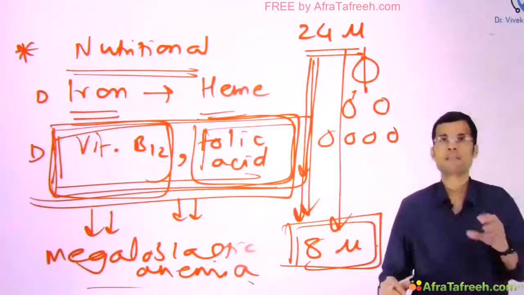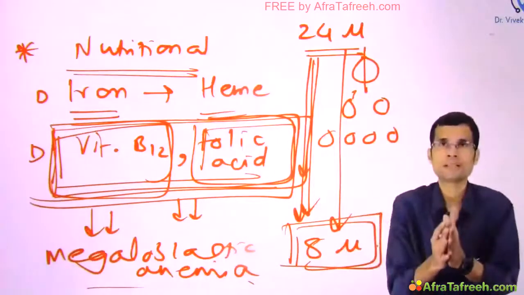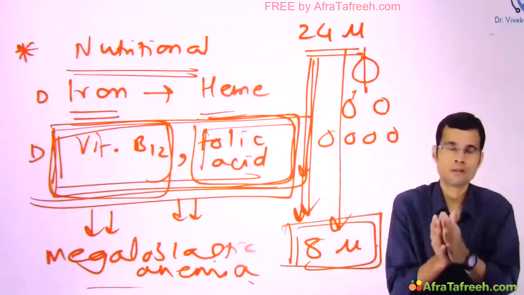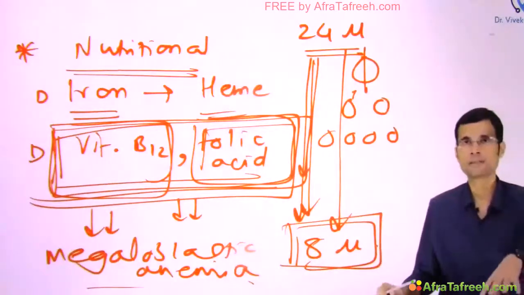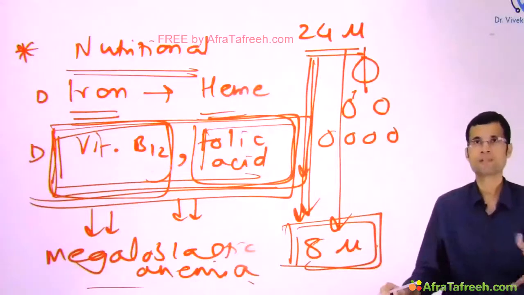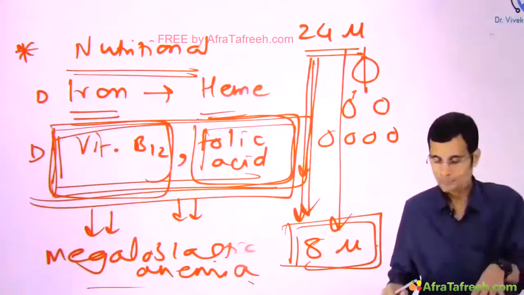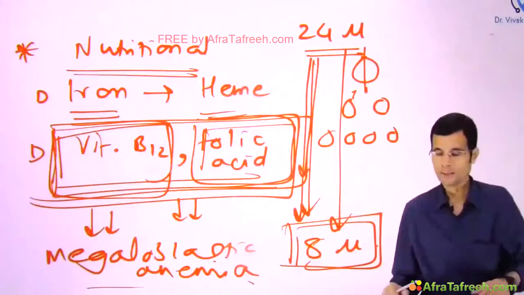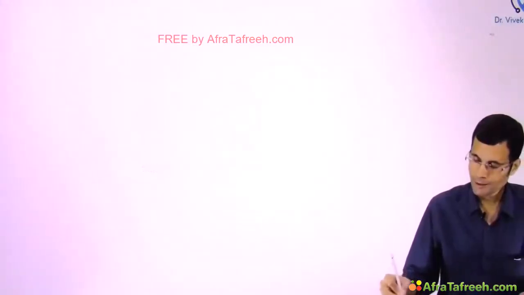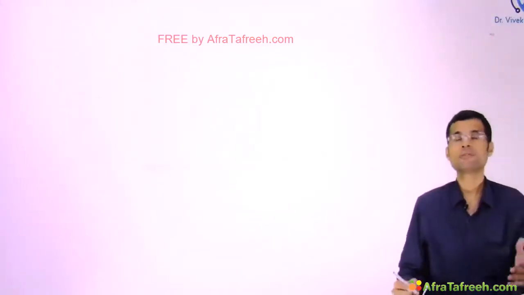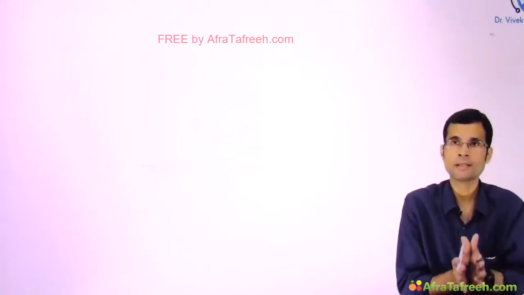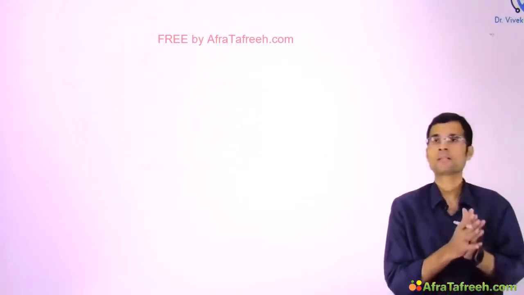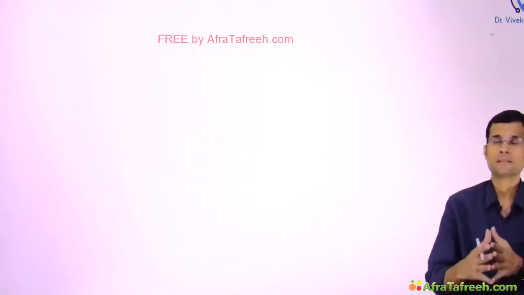Vitamin B12 absorption needs intrinsic factor of Castle from the stomach. Any deficiency of intrinsic factor of Castle from the stomach would also cause vitamin B12 deficiency, resulting in megaloblastic anemia. We are talking about the nutritional factors. Other nutritional factors are other vitamin B complex, copper, cobalt, zinc.